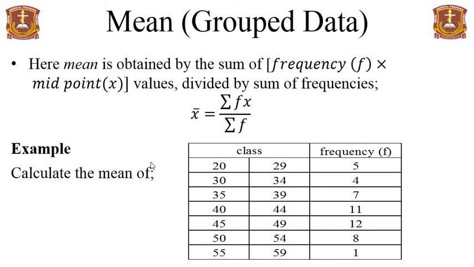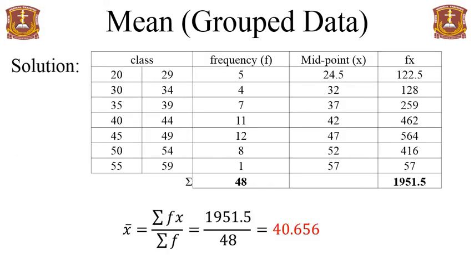For example, we have this data here. These represent classes. From 20 to 29, we have 5 entries. From 30 to 34, 4 entries. From 35 to 39, 7 entries, etc. So calculate the mean.